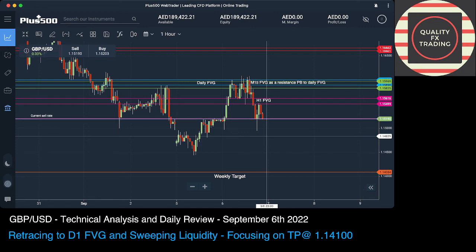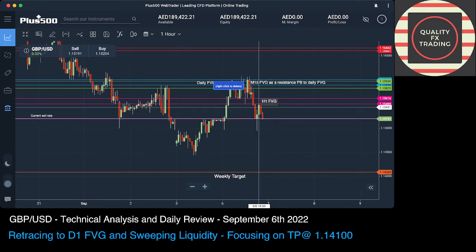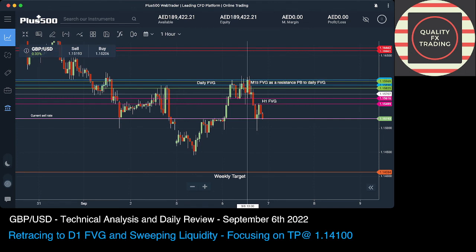Actually, lunch time is already over. So that's when the market has started to move. This pullback to this H1 FVG, this candle's low, the pink line, this candle's low, this candle's high, H1 FVG, price moved inside. Don't forget all this price action we just explained in the lower time frame. And now price is coming down.